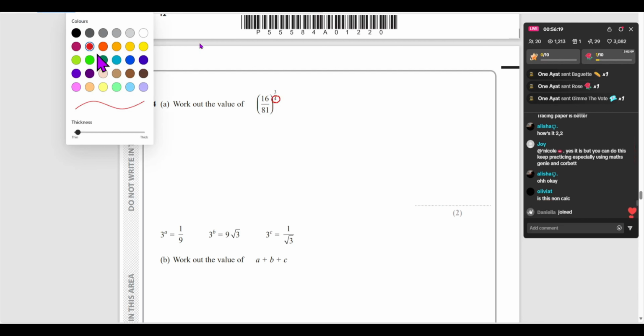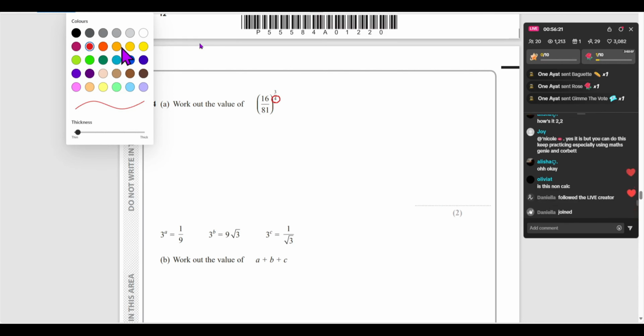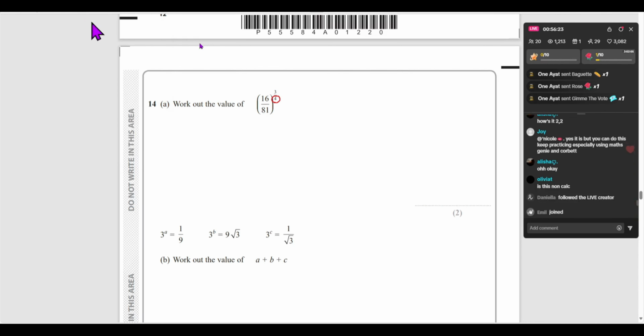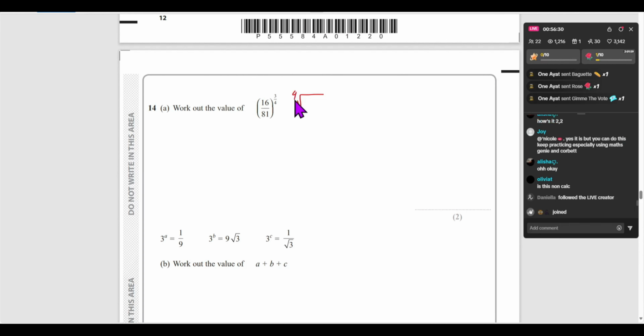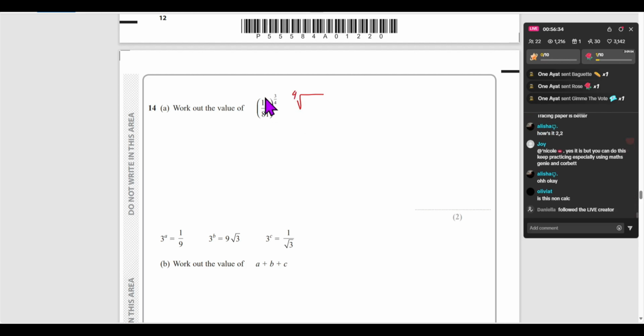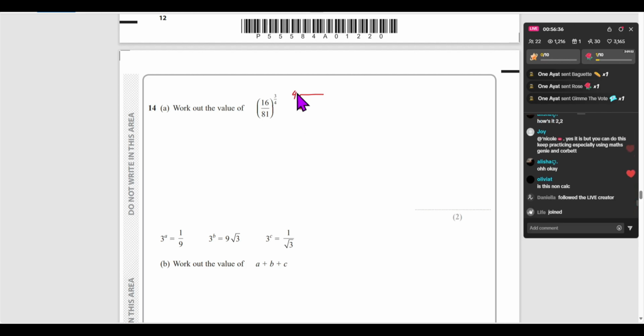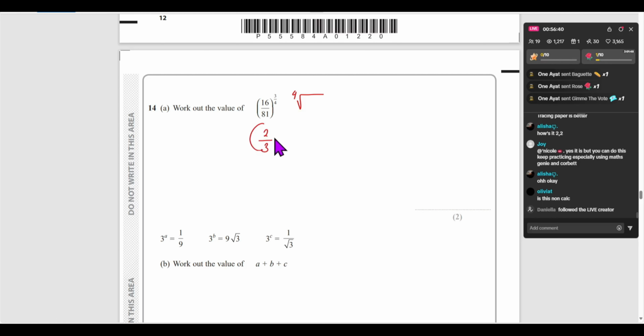Now what we do is the opposite. When we do the opposite, we will do the fourth root on both of these. So we'll get 2 and then 3, and then you're left with that 3 power on the top.